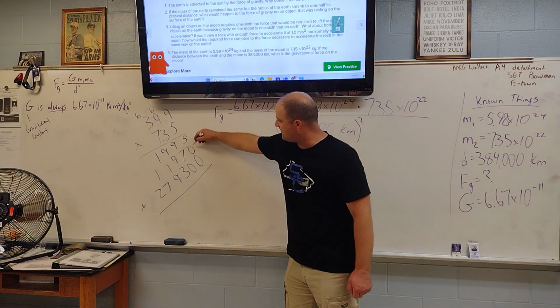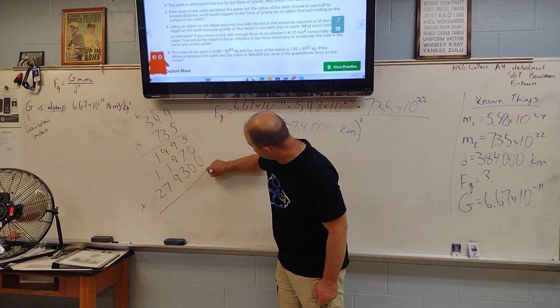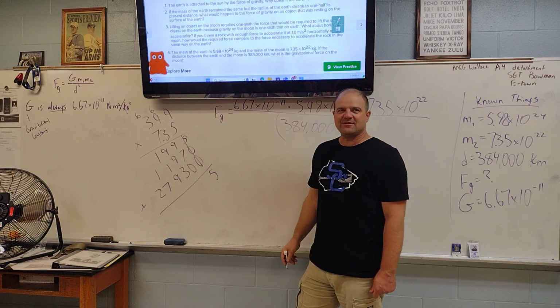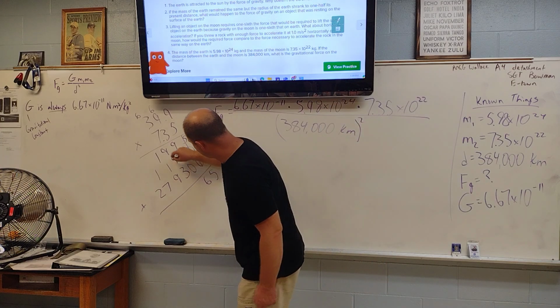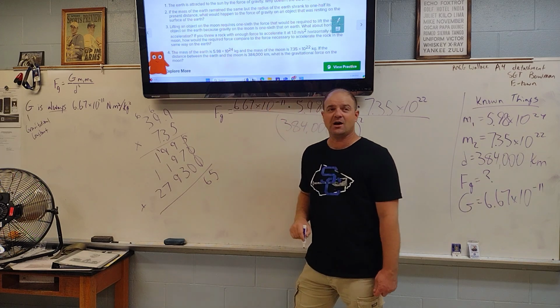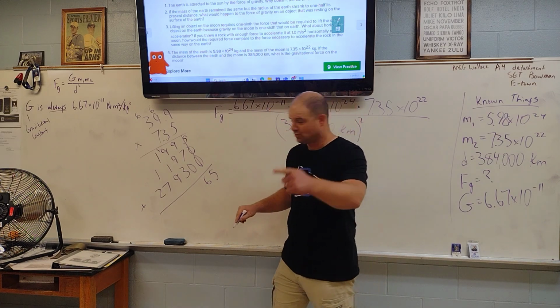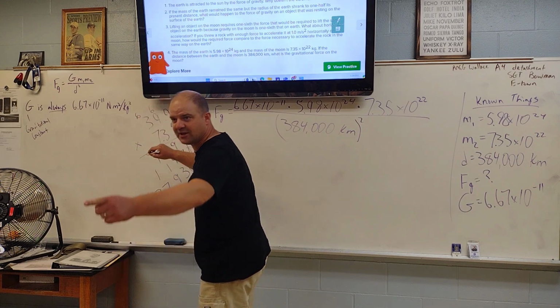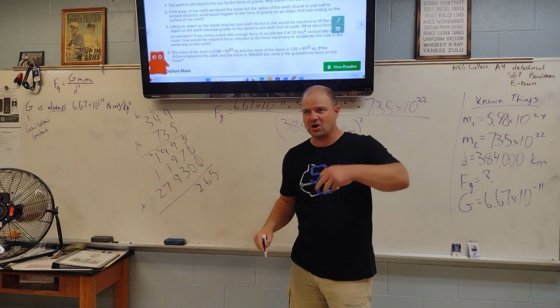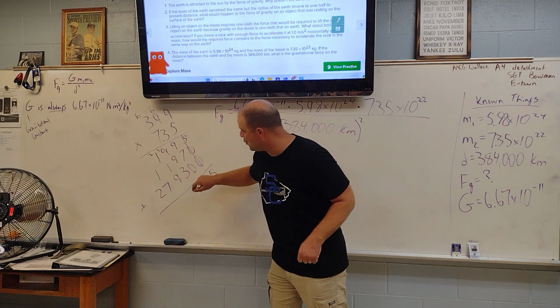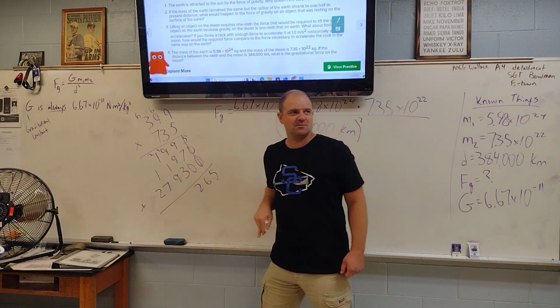Add them up. 5 and 2 zeros. 9 and 7 and 0. 9 and 1. And 9 and 3. 22. Good. 2 and 1 and 1. 13.